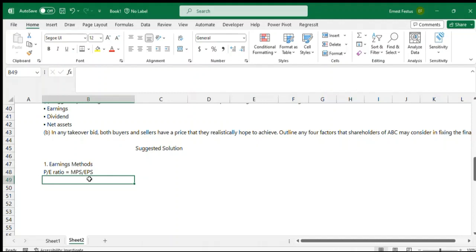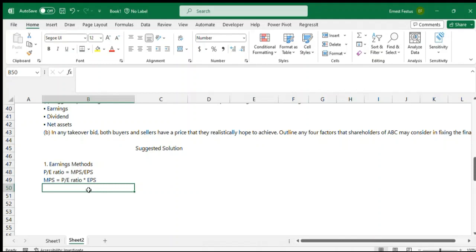So we will calculate our MPS. We'll make the MPS the subject, and that will be equal to our PE ratio multiplied by our EPS. That is the formula for calculating the market price per share using the PE ratio.